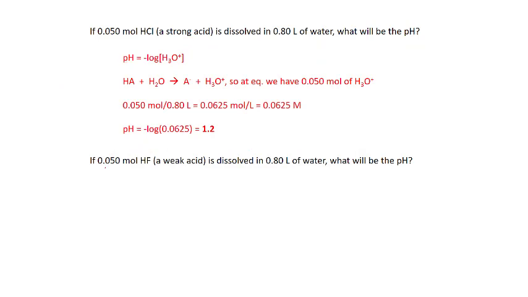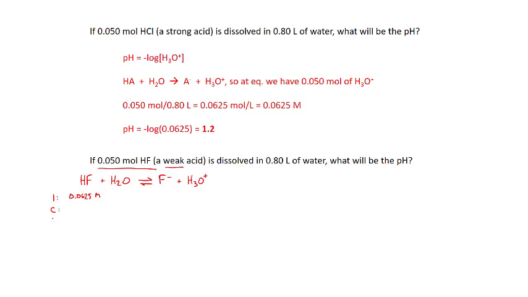All right, so let's consider the same situation, except this time we're going to use a weak acid, HF. Now we've got a reversible reaction. So initially, once again, 0.05 moles dissolved in 0.8 liters of water, assuming that that doesn't expand the volume of your solution, which it probably won't, we'll have 0.0625 molar HF before any reaction takes place.